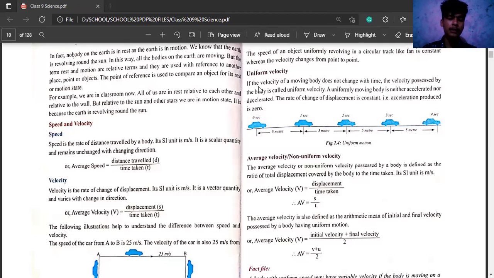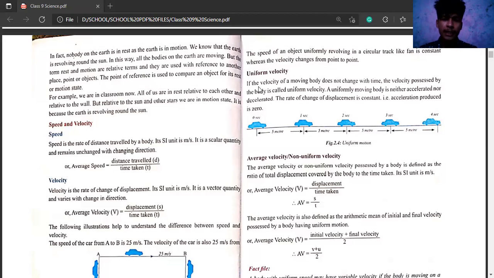The question may be asked in the exam: why is the acceleration of a body having uniform velocity 0? Because the displacement won't change according to time, because the velocity does not change with time. You can tell this, or you can tell that the rate of change of displacement is constant.